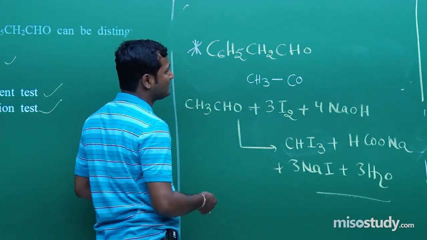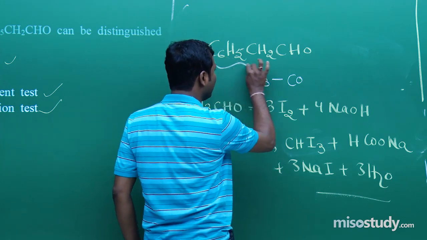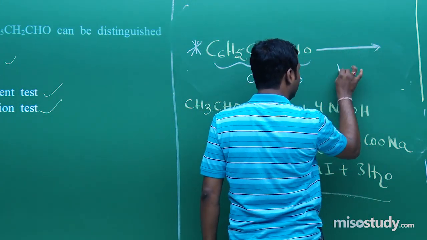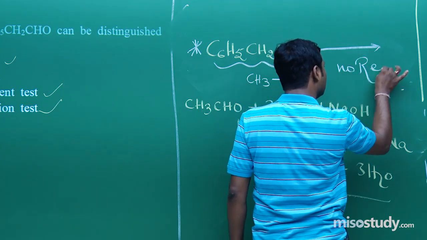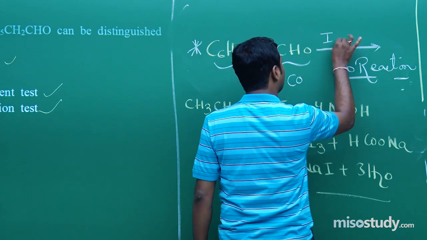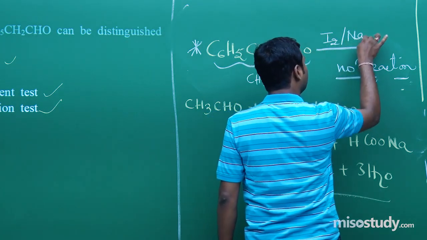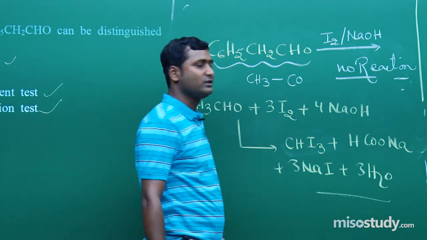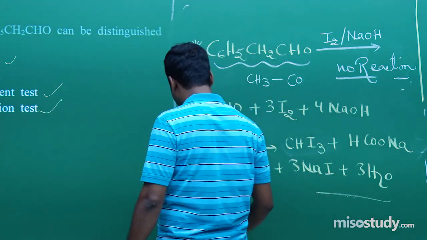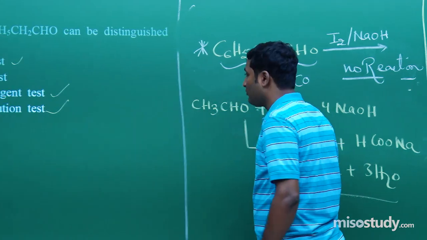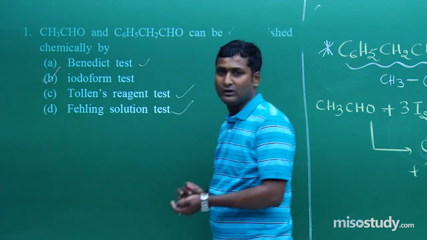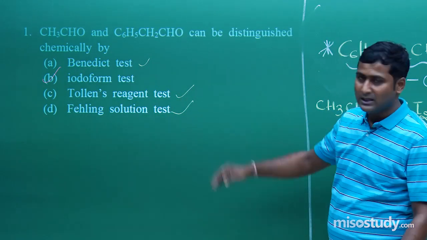But in case of C6H5CH2CHO, no reaction takes place with I2 and NaOH. Clear? So for this question, B is the correct option. For question number 1, B is the correct option.